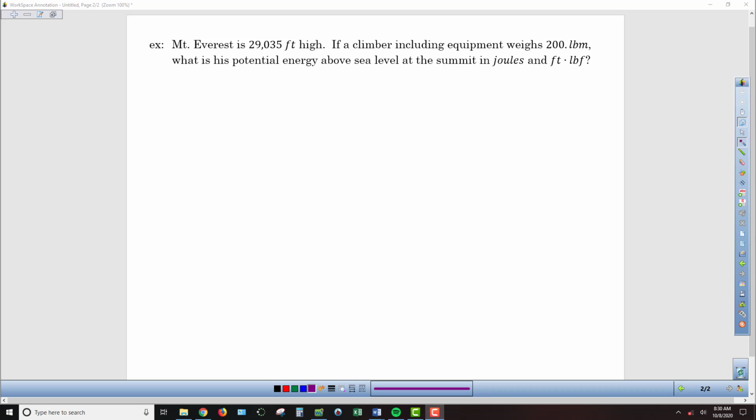And in our second example, we torture ourselves with a little bit of dimensional analysis embedded into the problem. So now we're a climber with a mass of 200 pound mass that is standing atop Mount Everest at 29,035 feet. So we want to see what the potential energy of that climber is. We want that in joules as well as in foot-pound force. So we'll start off with our answer in foot-pound force since we're given engineering English units.